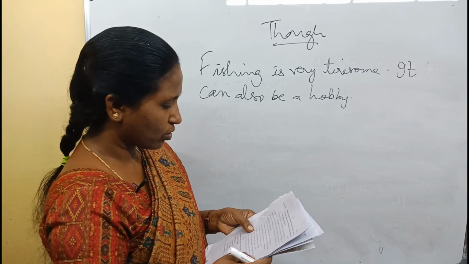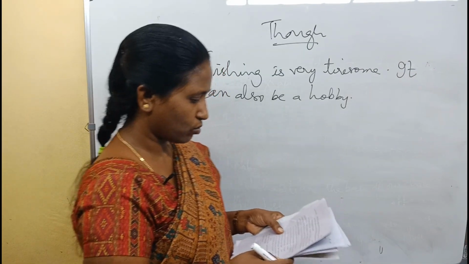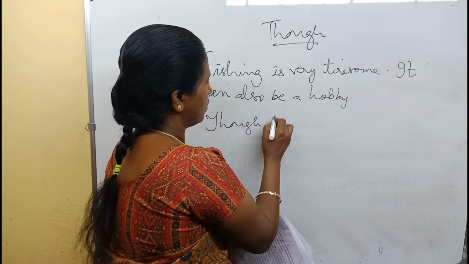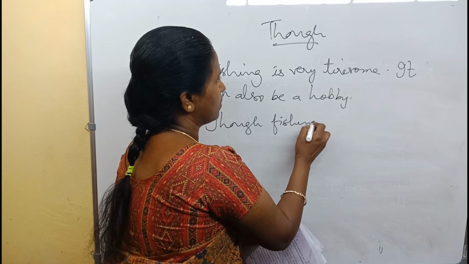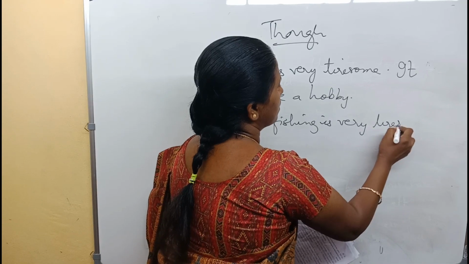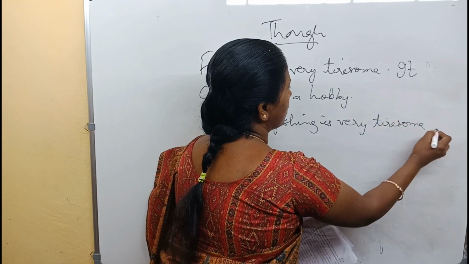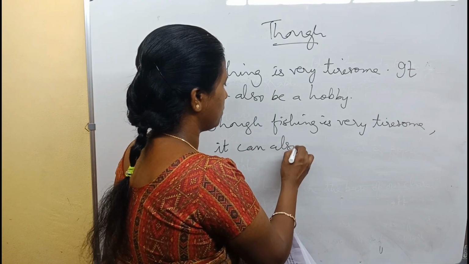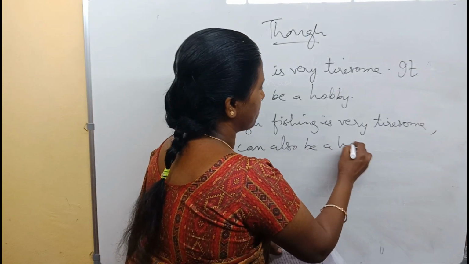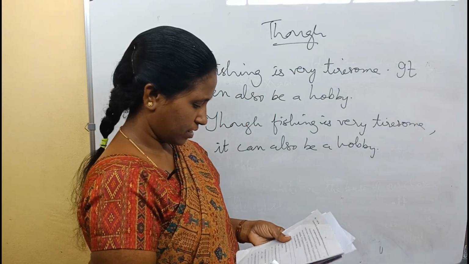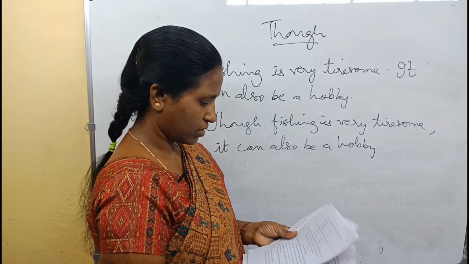Okay, now you have to combine the sentences using though. Though fishing is very tiresome, comma, it can also be a hobby. That's all. Okay, right. Let's see any other sentence with though.